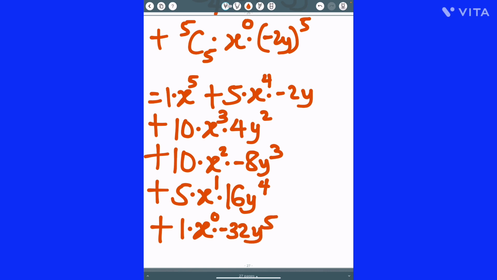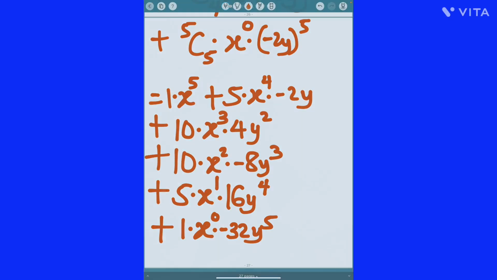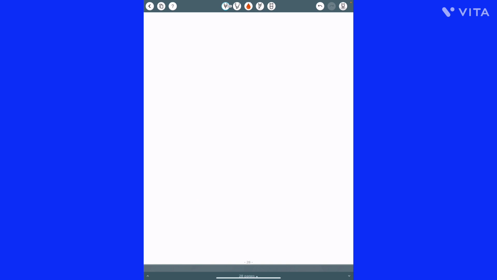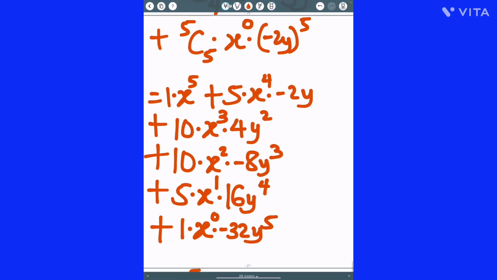So all I need to do now is evaluate. My first term is not complex, so I get x raised to power 5. My second term, there are constants here that do not have the same positive sign. So this is plus 5 times minus 2. All of this is my second term, from the first sign to the last letter.